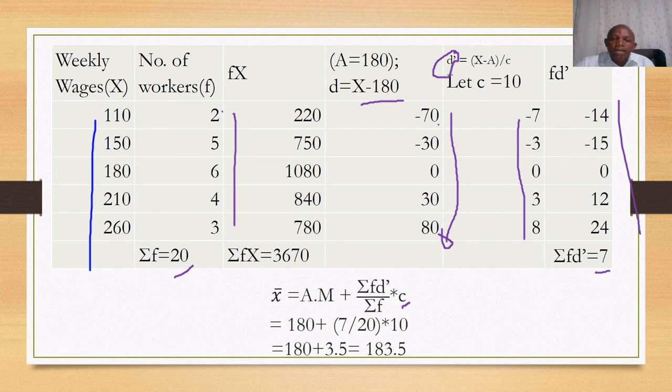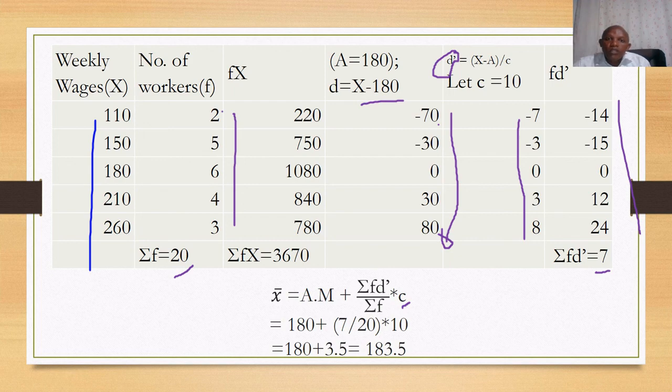Now we want to simplify this data. So how do we simplify? We simply get the deviation from the assumed mean, x minus a, divided by c. This divided by c is what we are saying is our d prime. So it is negative 70, negative 30, 70, negative 70, negative 30, 30 and 80.